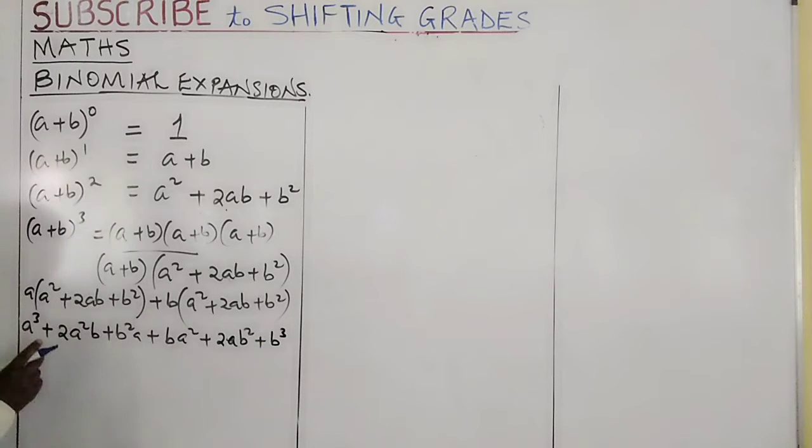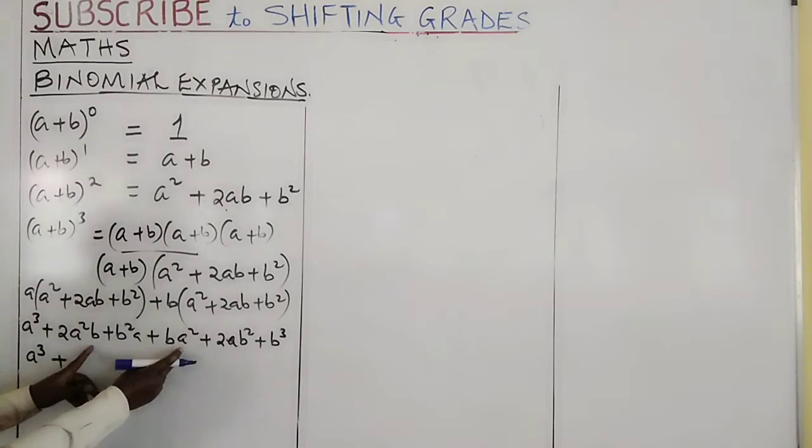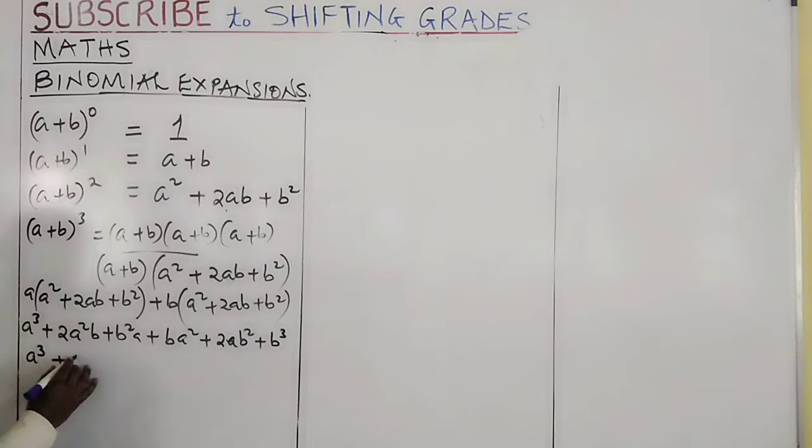Therefore, we shall have the like terms grouped together. A cubed is only 1. A squared b and another a squared b are here, therefore 3a squared b.